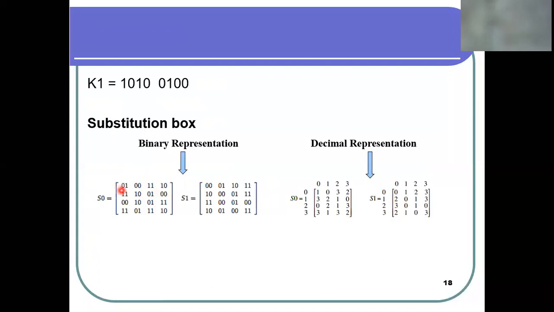Galois field having four elements, and here you can see 0 1 means 1, 0 0 is 0, 1 1 is 3, and 1 0 is 2. So these are the binary representation of my first substitution box, and this is the binary representation of my second substitution box. Similarly, the decimal representations of these substitution boxes S0 and S1 are given in this way.